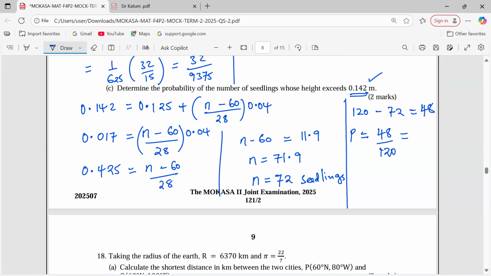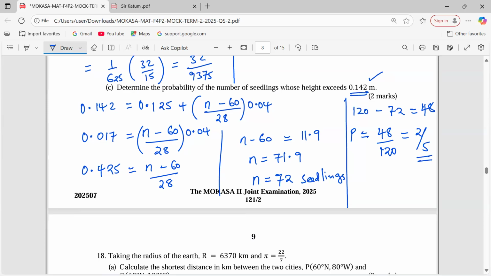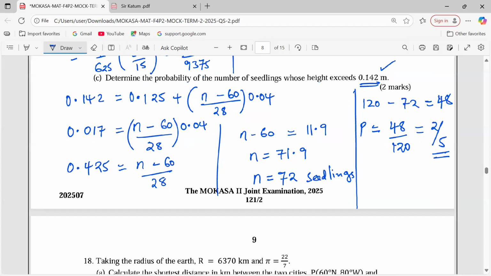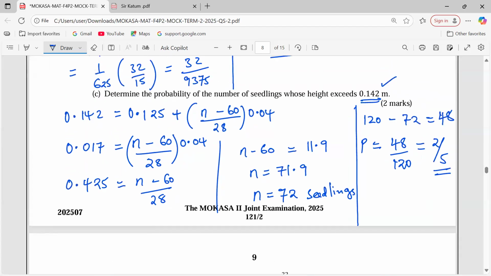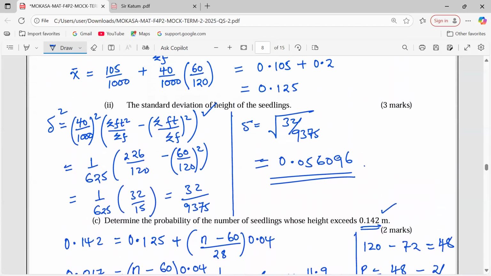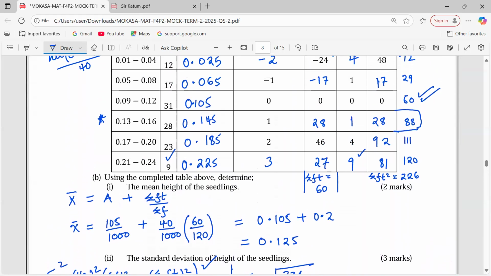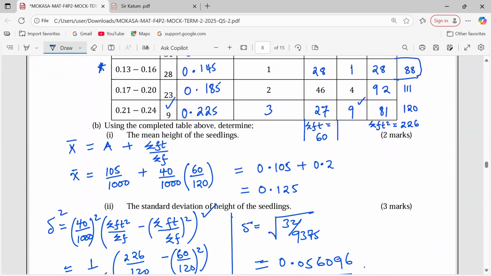So 48 over 120 is going to be 2 out of 5 when you simplify. That is the probability that we needed in this question. It's a very involving question on statistics, and we ought to be very careful for us to work it out.